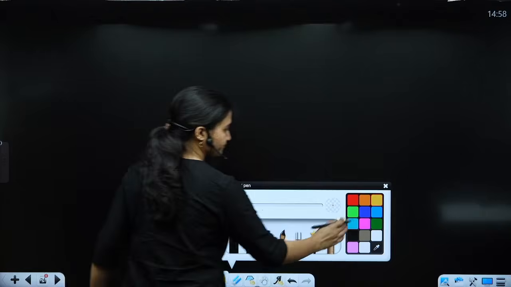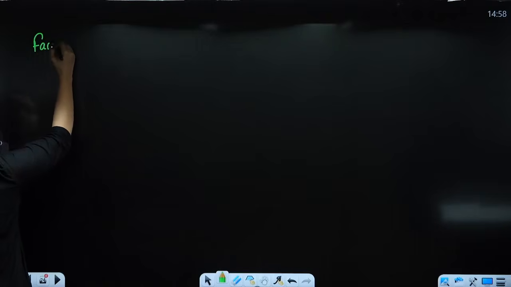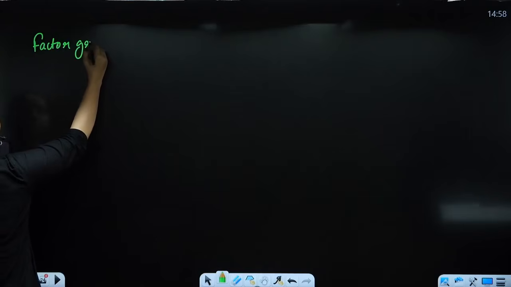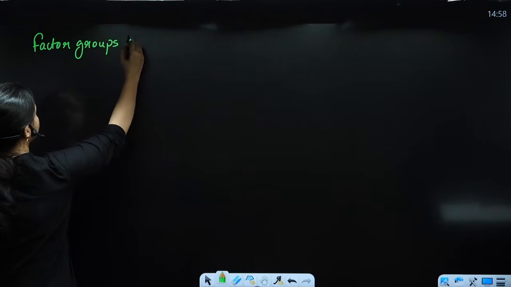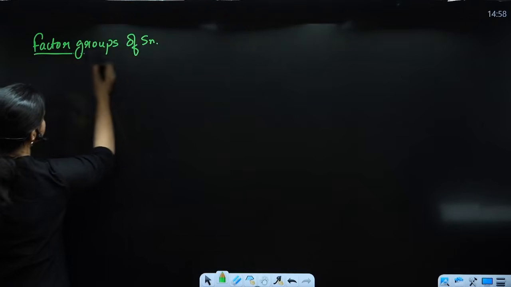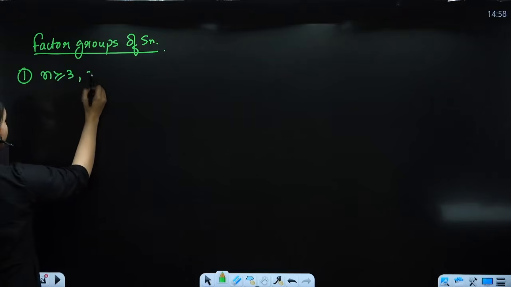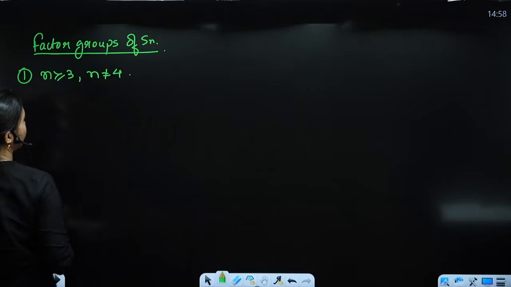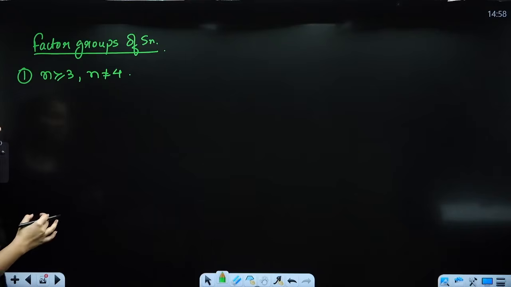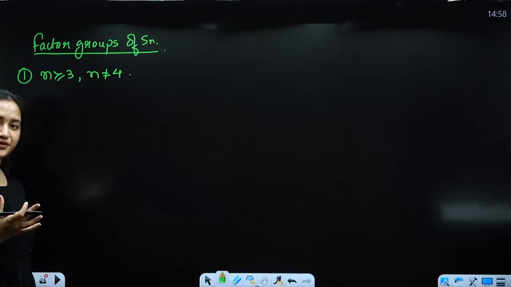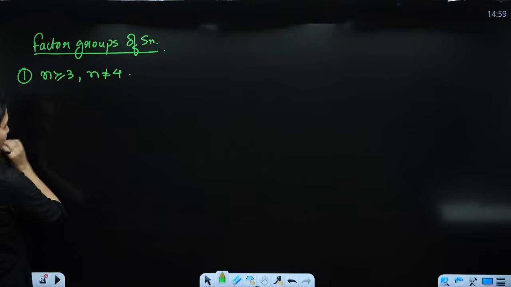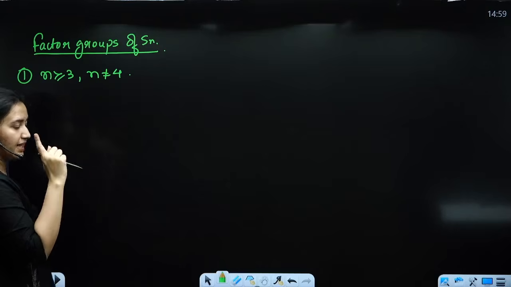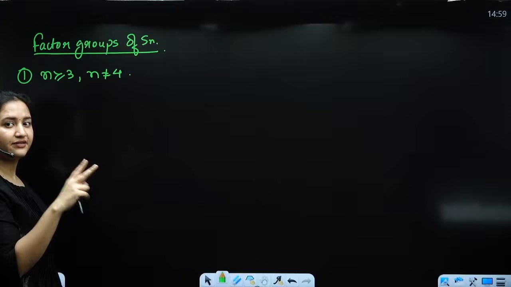Now, factor groups of Sn, right? First one is when n is greater than or equal to 3 and n is not equal to 4, right? So what were the normal subgroups of Sn? Only 3 normal subgroups were there, which were identity, Sn itself, and An, right?